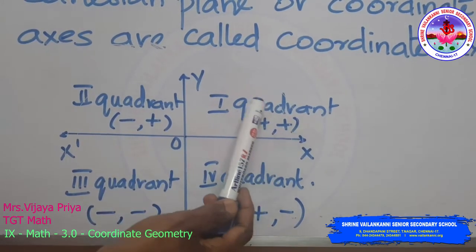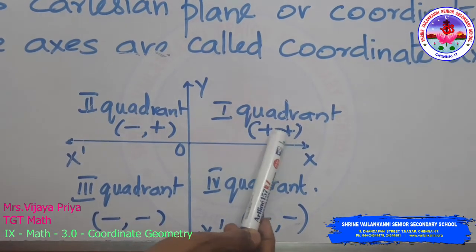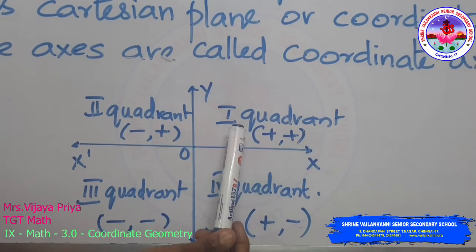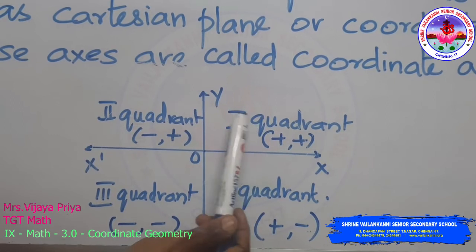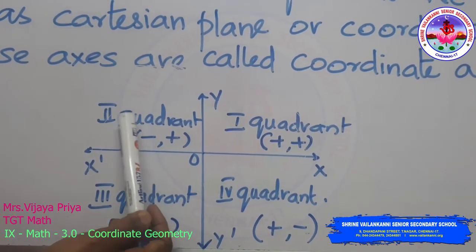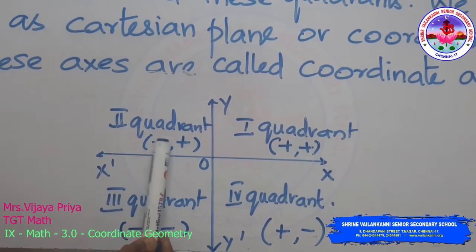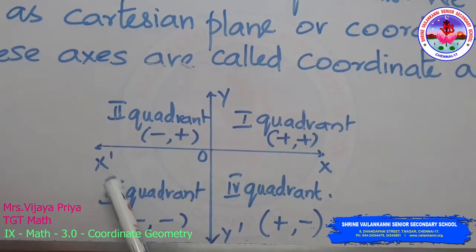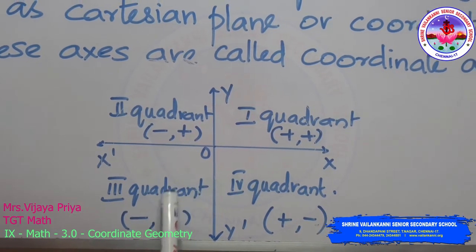We call the first quadrant positive and positive, where the values of the x-axis and the y-axis are both positive. Moving to the second quadrant, a quarter part of it, you have a negative x value and positive y values. The third quadrant has the negative x-axis and the negative y-axis.